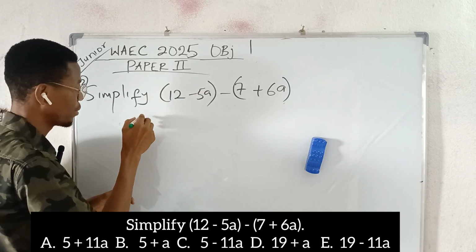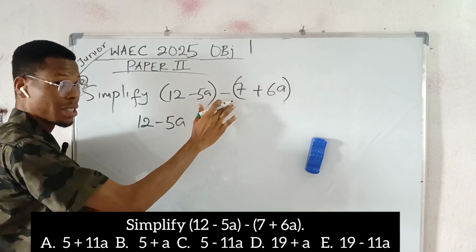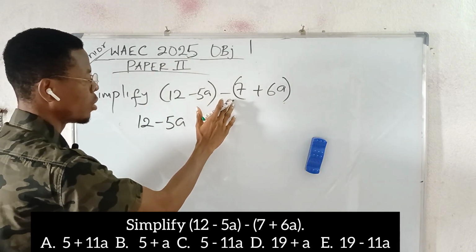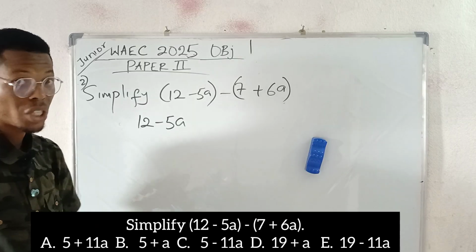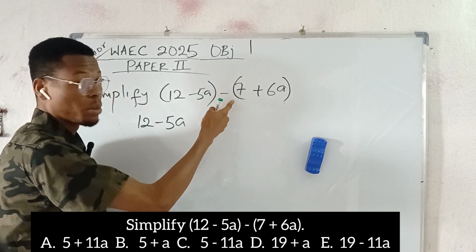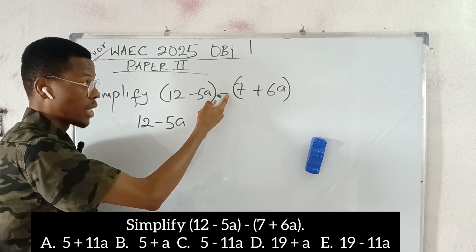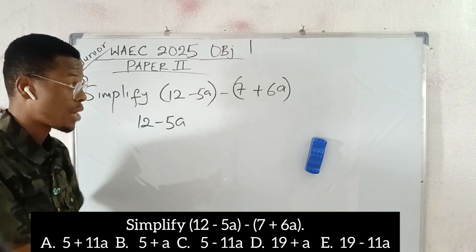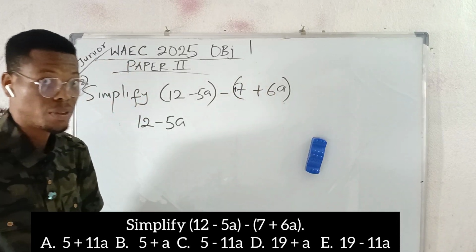So we still have 12 minus 5a, just like this. But here will be affected. Everything in the bracket will be affected, especially our sign, because of the negative sign here, which multiplies what we have inside the bracket. We have this negative sign multiplied with the positive 7 and the positive 6a.